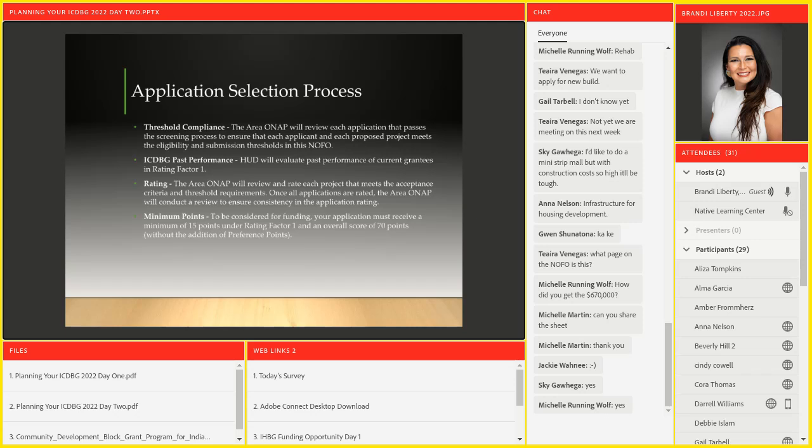They're going to look at your past performance of past ICDBG applications. They're going to review and rate each project as it's laid out in the rating factors and those scorings. And again, determine if you have the minimum points applicable to be scored under rating factor 1, and then moving forward, an overall score of 70 points.